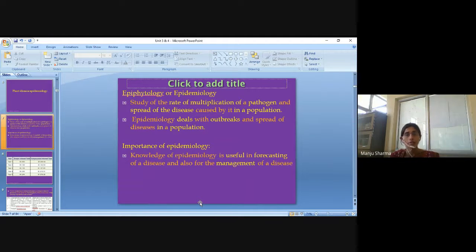A study of the rate of multiplication of a pathogen and spread of the disease caused by it in a population. Epidemiology deals with outbreaks and spread of diseases in a population. Importance of epidemiology: knowledge of epidemiology is useful in forecasting of a disease and also for the management of a disease.